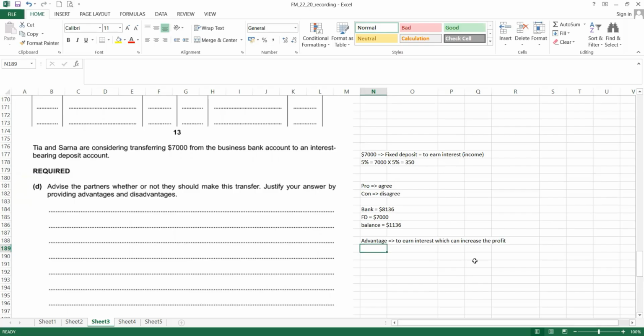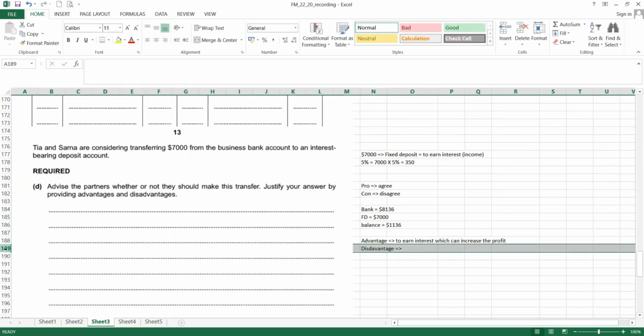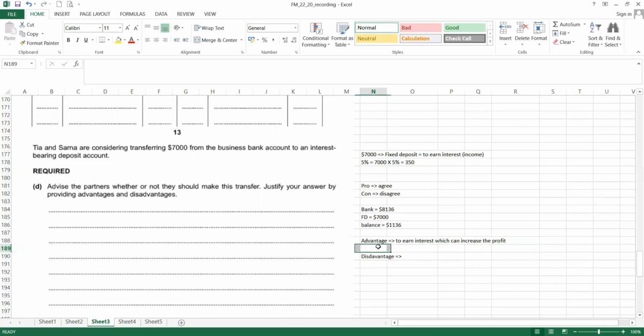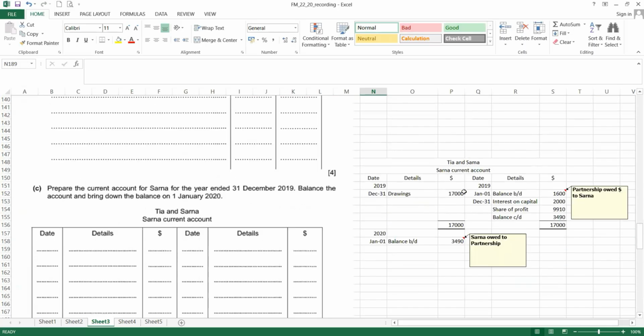But in here, I won't give a lot of advantage. I give 1 advantage only, to earn the interest, because I didn't see the benefit to put in the money in there. Okay, disadvantage. If you want to talk another advantage, because from what I see, the question is another way, you saw Satna. Satna don't even earn so much, but yet he want to take so much.